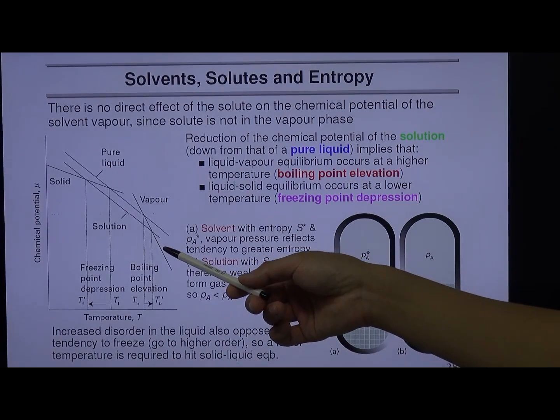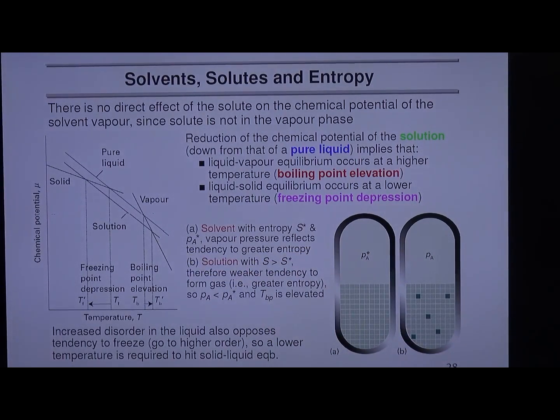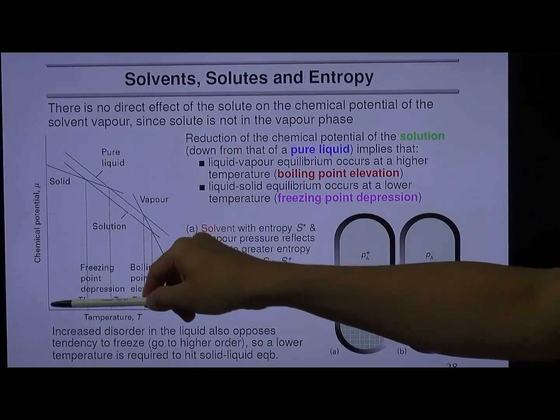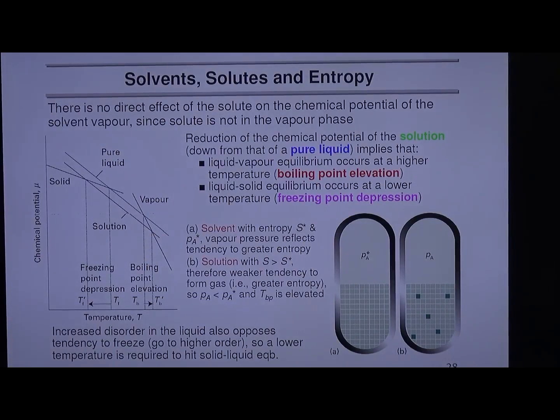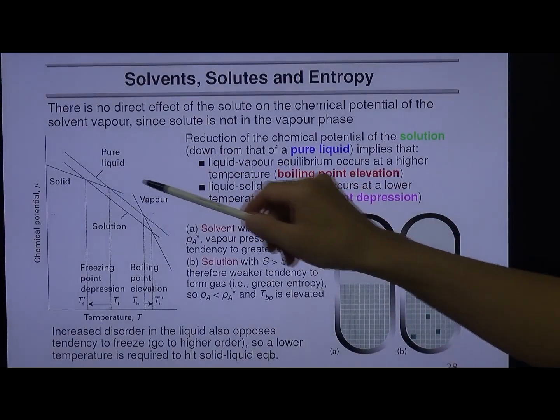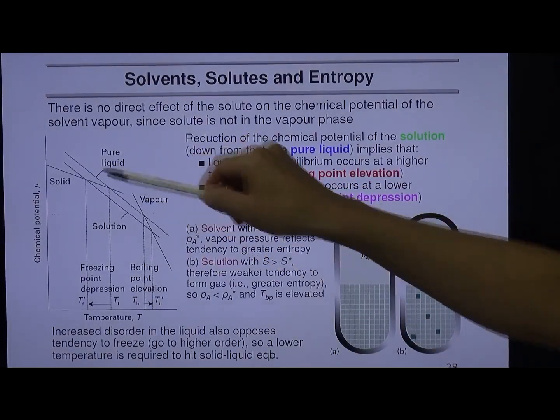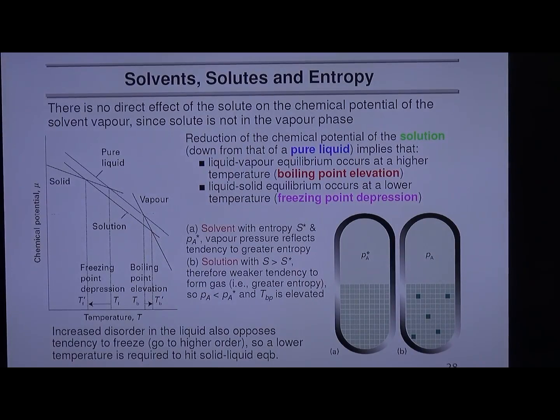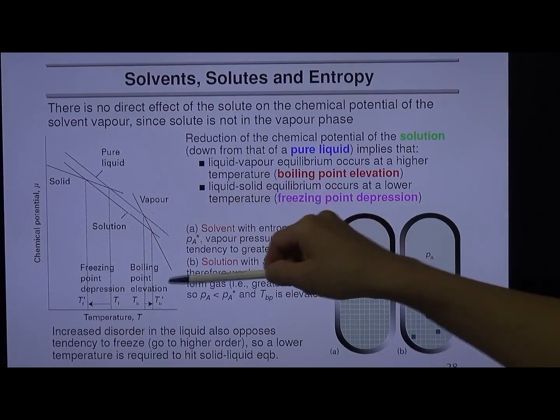Okay. Have you seen this diagram before, right? Chemical potential as a function of temperature. Okay. At low temperature, solid has the lowest chemical potential. In the medium range, liquid has the lowest chemical potential, vapor following. Okay.